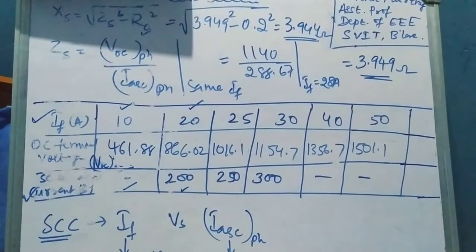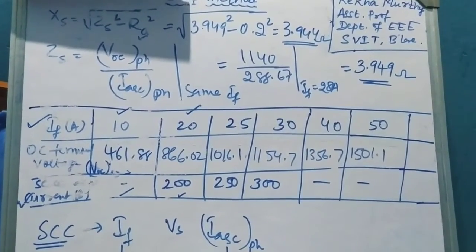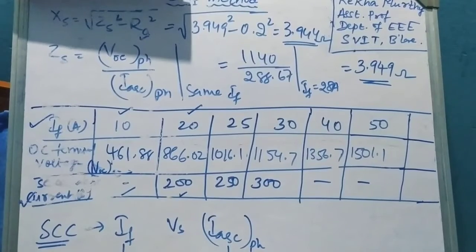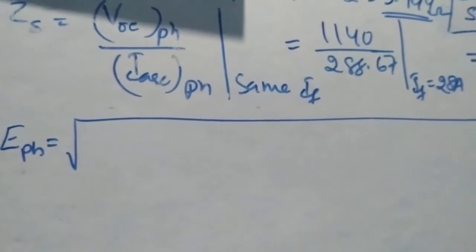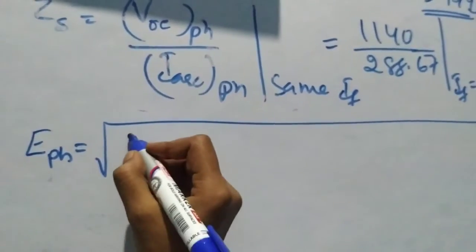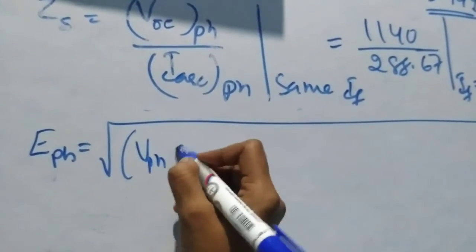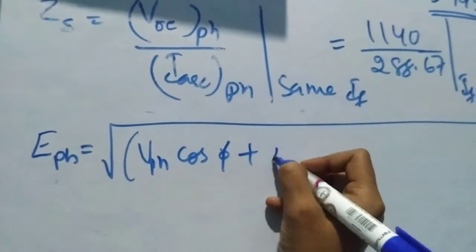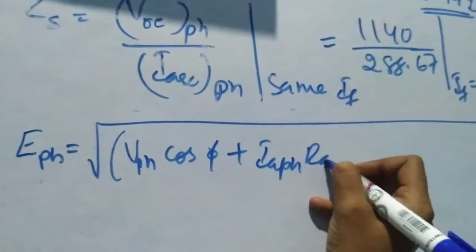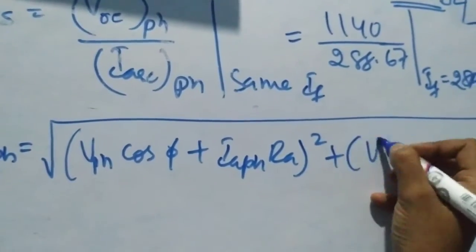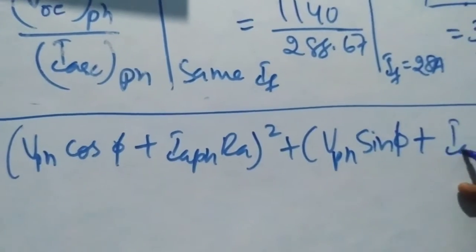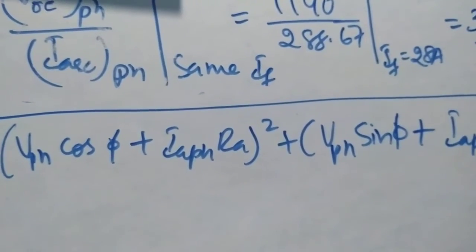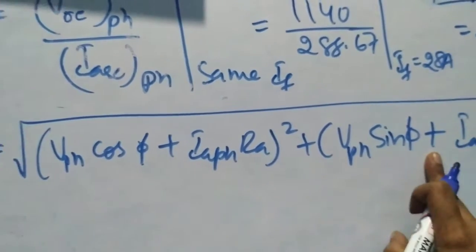So let us rewrite the E phase formula for this synchronous impedance method, which is nothing but the EMF method. E phase is given by the square root of (V phase cos phi plus IA phase RA) whole squared plus (V phase sin phi plus IA phase XS) whole squared. The plus is for lagging.